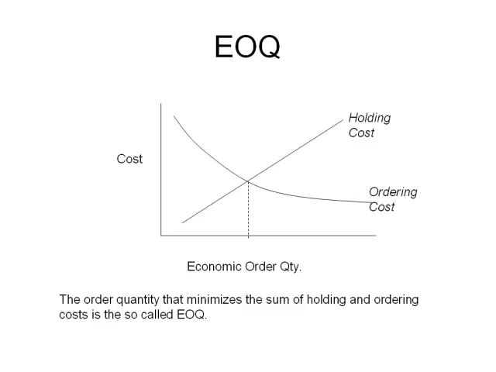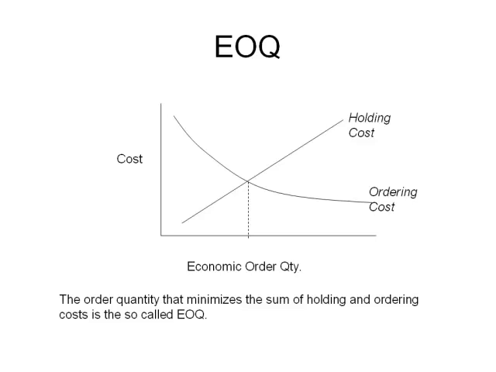On the other hand, if I only order coffee once a year, then that year's worth of coffee is going to show up, assuming I take delivery of it all at one time, which is an assumption of this model. And I'm going to have to hold most of that coffee for a good part of the year. My average inventory level, the average amount I have on the shelf throughout the year, is going to be about half a year's worth of coffee. That's a lot of coffee. The holding costs are going to be pretty high.